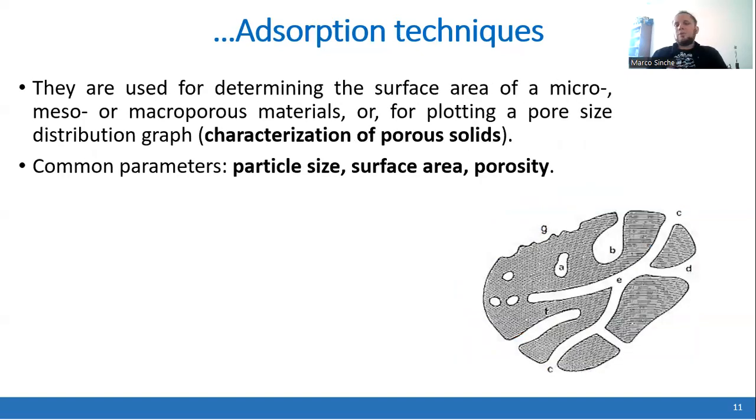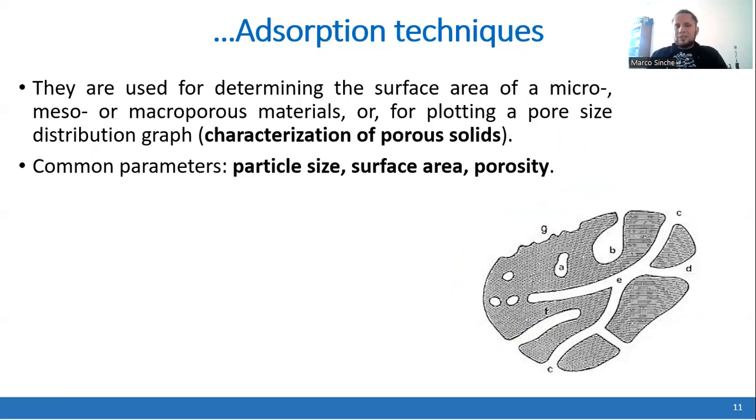These techniques could be used to determine the surface area of porous materials, which have micro, meso, and macropores, which are the small, medium size, and big size pores that can be seen in the image. And also, to determine the pore size distribution with a graph.